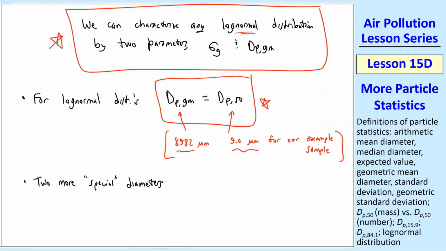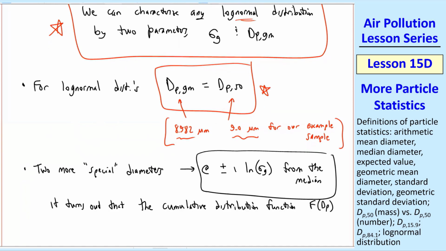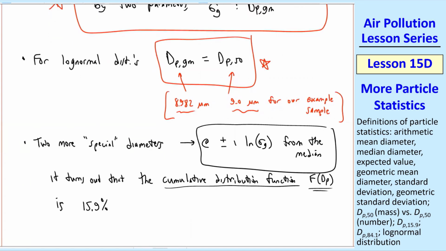There's 2 more special diameters also. You may recall from your statistics class that we often used 2 sigma as a measurement when you're 2 sigma away or 3 sigma away from the mean. Well, with air pollution, we're not that accurate, so we use 1 natural log of sigma g away from the median. It turns out that the cumulative distribution function, which we defined before, capital F of dp, is 15.9% and 84.1% respectively for minus or plus 1 log sigma g.